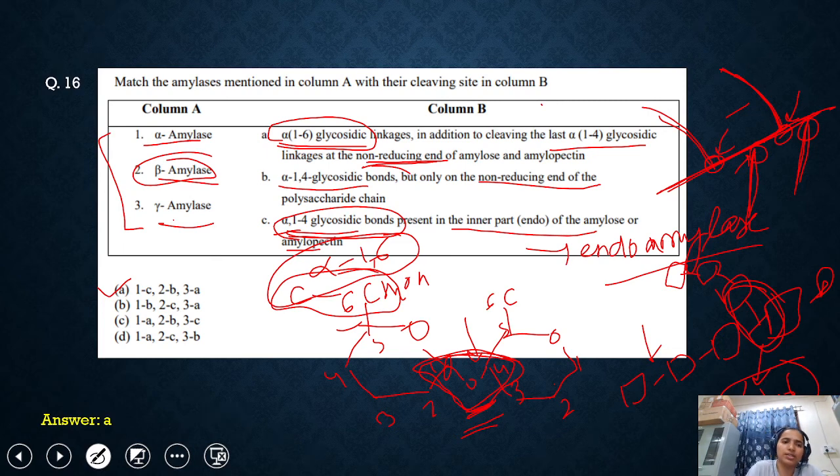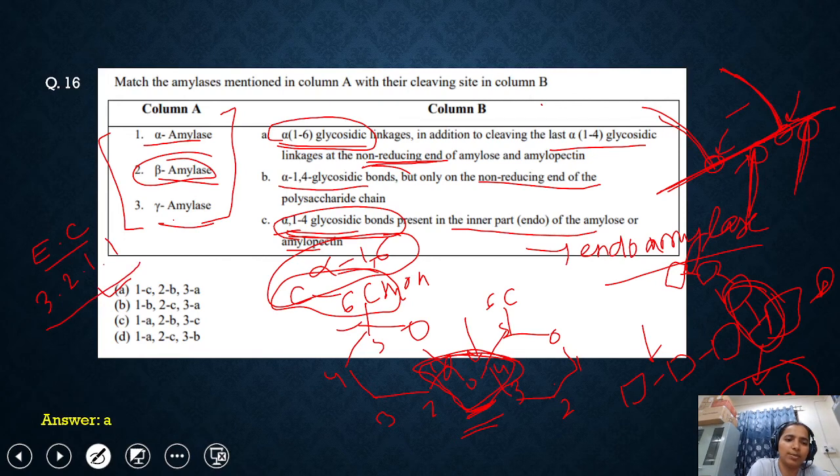You can also study a little bit about what the differences and similarities are. If we talk about the naming of these three, alpha, beta and gamma, the EC, the Enzyme Commission, is used for naming enzymes. They usually name all the enzymes of the same family, like suppose this is 3.2.1.1.